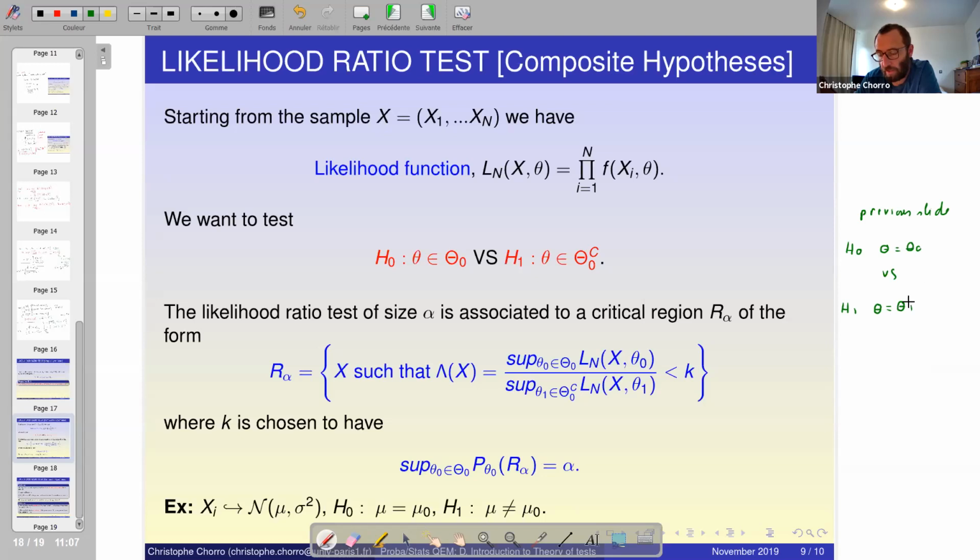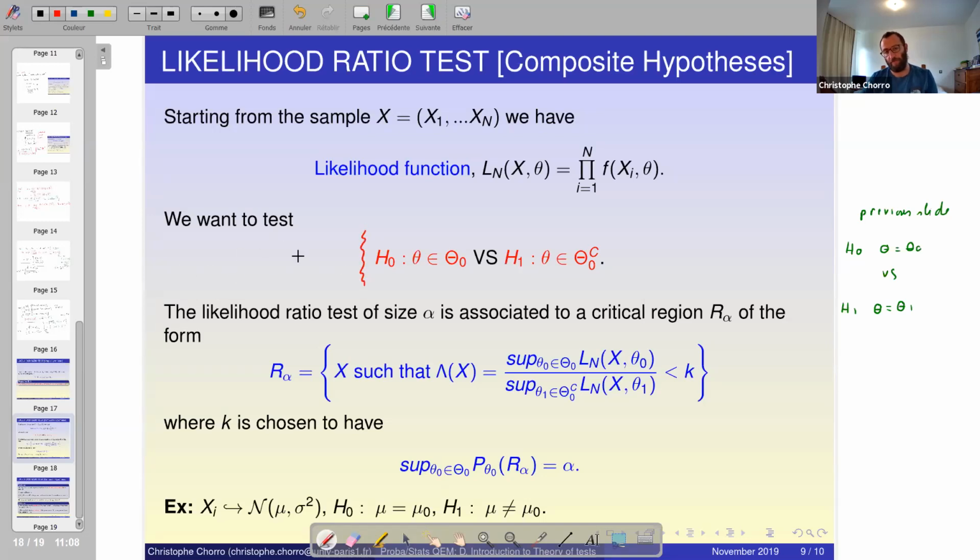So I had simple hypotheses, where capital theta 0 and capital theta 1 are just singletons. Here I am in a little bit more general situation, the one where my capital theta 0 may be more than a singleton. So what we are going to test here is theta belongs to a set versus theta doesn't belong to the set, or equivalently, theta belongs to the complementary set. It's what I want to test.